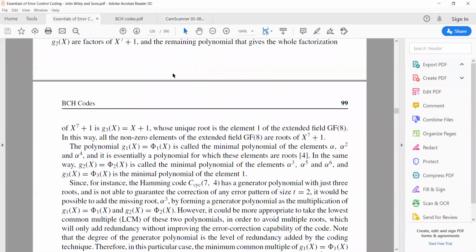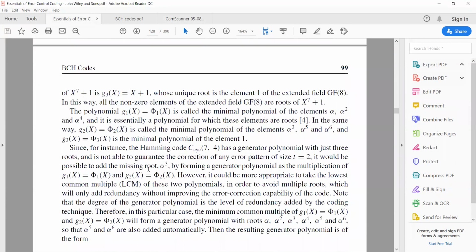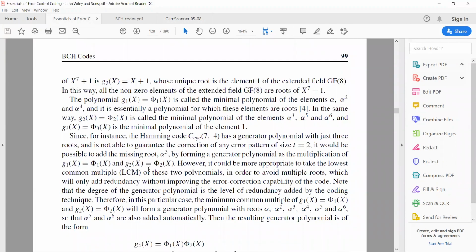Okay, so now we come to our problem: we have 2 errors in our received bits, and we need to generate 4 equations, but we have only 3 roots to make 3 equations, so we need another root.